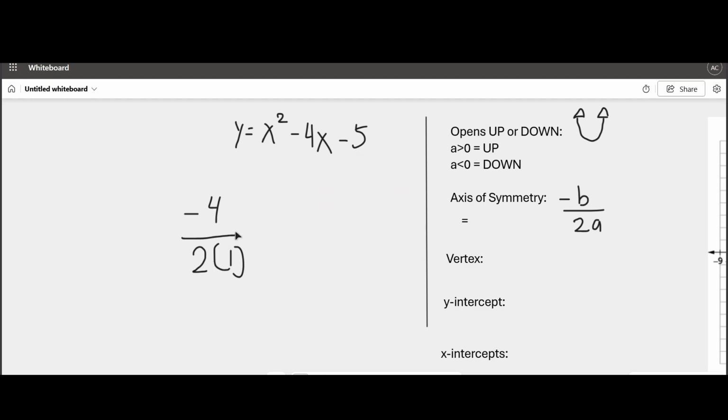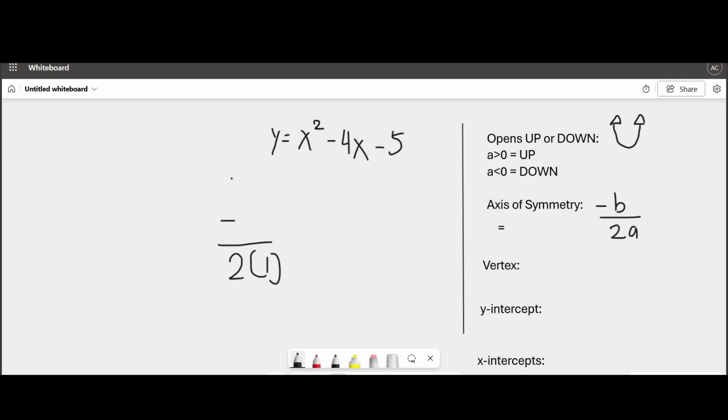Apparently, you have to substitute the signs as well. So let's rewrite that. The denominator is already correct, but we have to rewrite the substituted numbers right here. As you can see, the b variable in this quadratic function is a negative, so we have to bring the negative sign along as well while substituting variables into the axis of symmetry formula.